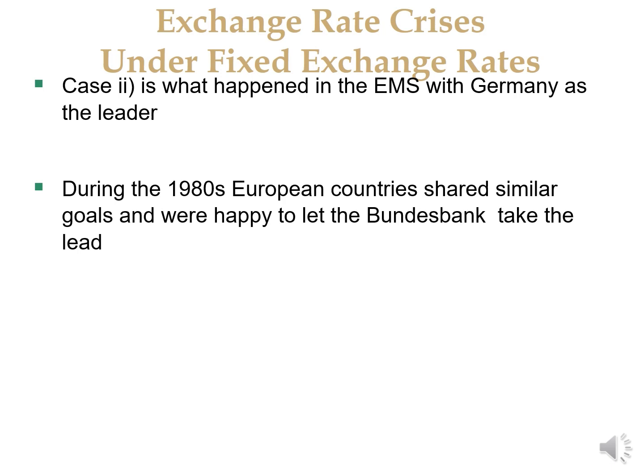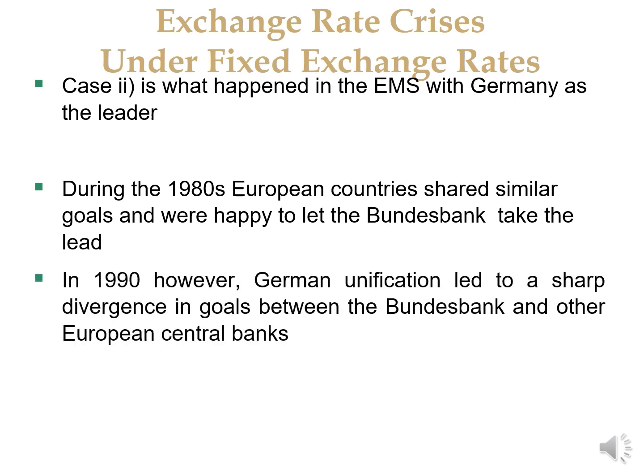During the 1980s, European countries shared similar goals and were happy to let the Bundesbank take the lead. In 1990, however, German unification led to a sharp divergence in goals between the Bundesbank and other European central banks.